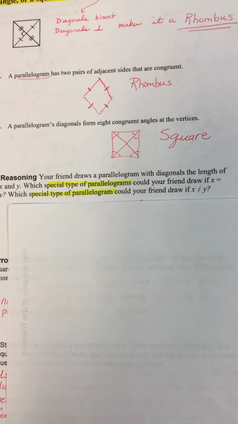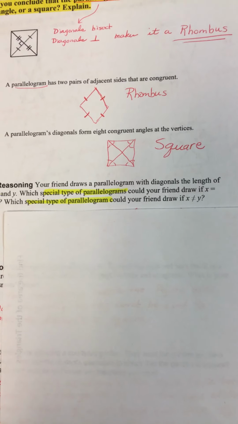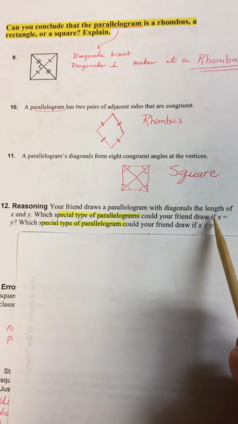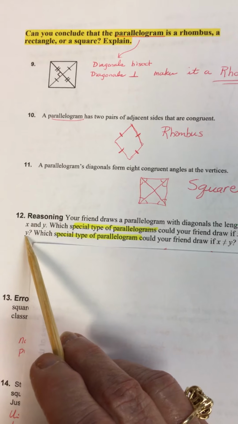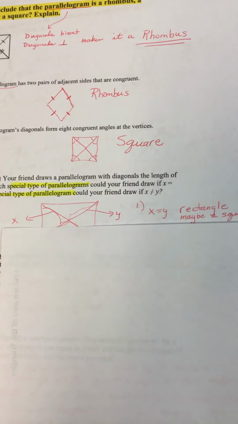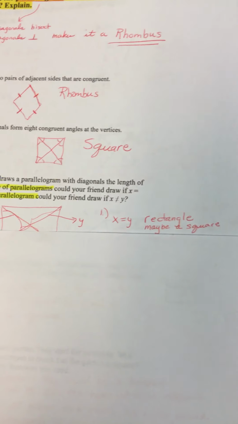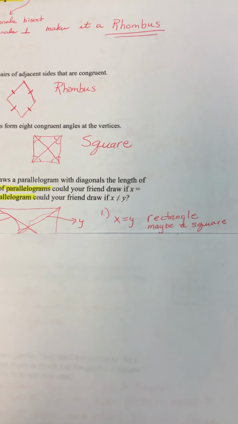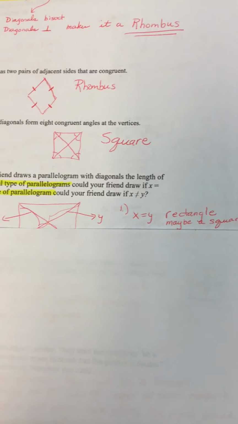That's what they're looking for, one or more of those answers. And so we understand that in a parallelogram, if our diagonals are equal to each other, that has to be a rectangle. It might be a square because the rectangle might be a square. So I would say maybe a square.